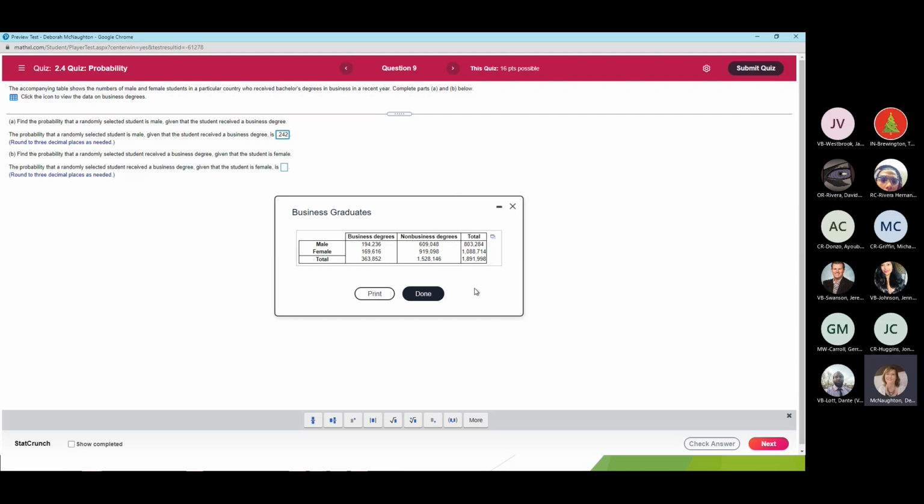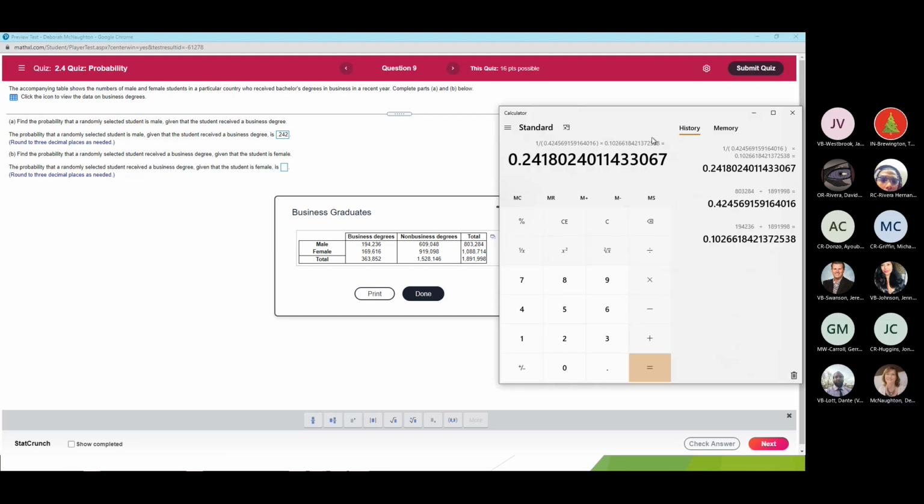But the other way that you can do it, the easier way to do it, is to take the number that are male and have a business degree and divide by the total with business degrees.